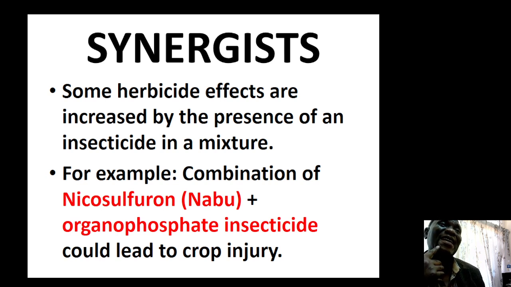Or people may just mix the herbicide and the insecticide together in order to save on fuel. Sometimes it works, but with nicosulfuron, you may end up killing your crop. But some people do it deliberately. Get ammonium nitrate, mix it with glyphosate in order to boost the killing effect of glyphosate.